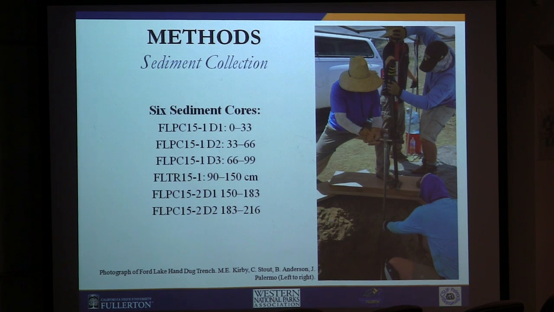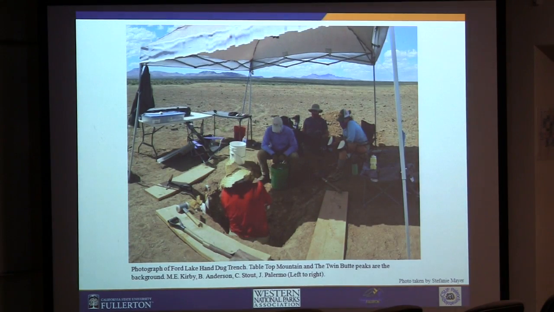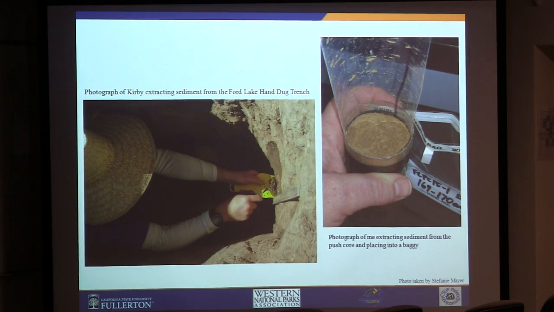We ended up losing the equipment and running down a trench, hand digging a trench, and then figuring out how to push core again. So here's Kirby's turn in the ditch, digging out, and Kirby's in the trench, sampling each centimeter down. We've got our measuring stick here. We're measuring and putting it in a baggie labeled for each centimeter. I'm in the lab here pushing the cores that we got up and bagging them.